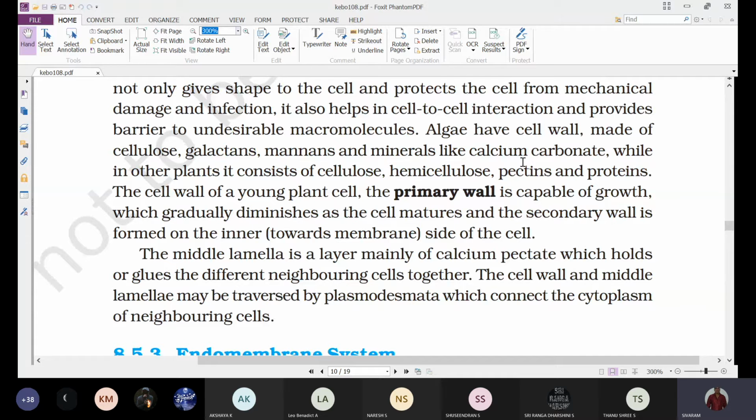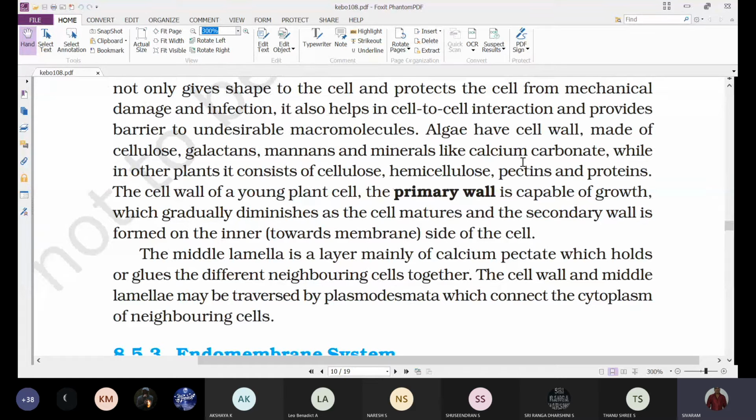The cell wall consists of cellulose, and along with the cellulose, other substances are also present, like galactans. Some possess galactans, some possess mannans. These are all different types of carbohydrates. And next, some minerals are also present, like calcium carbonate.